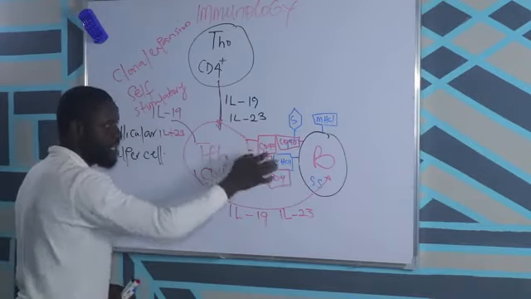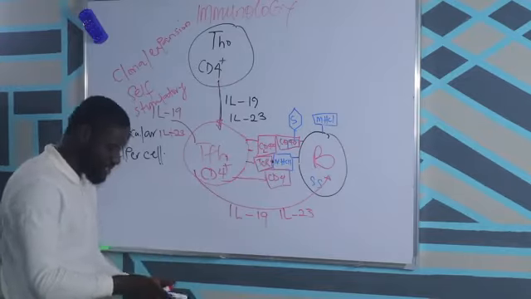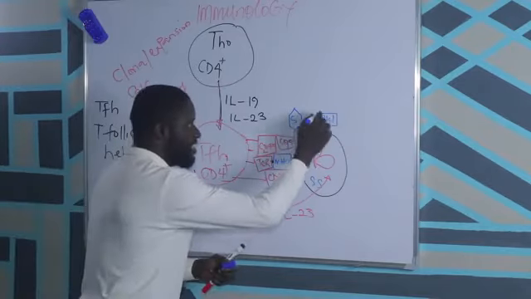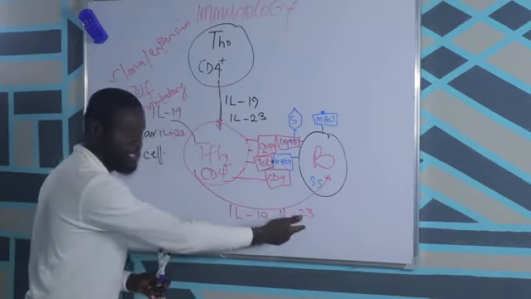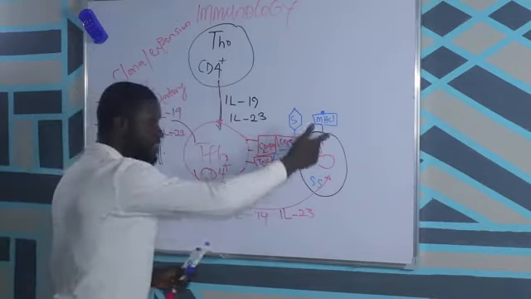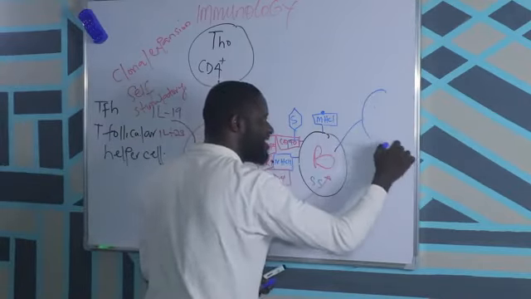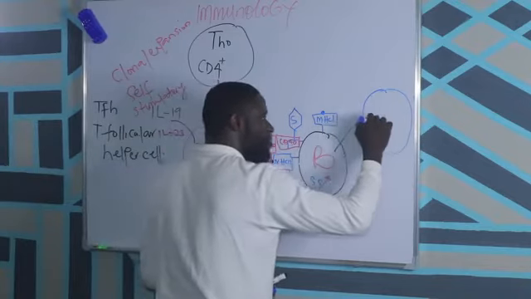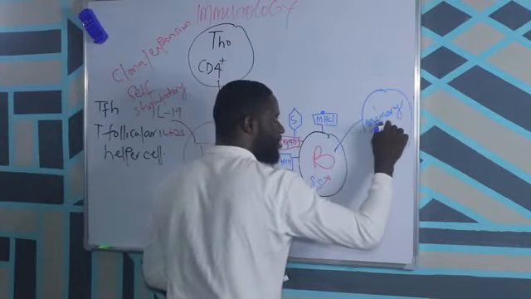The CD40 ligand binds to the CD40 on the B cell. And the T follicular helper cell releases IL-19 and IL-23 as the cytokines that activate the B cell to become memory cells. So beautiful. Memory cells.